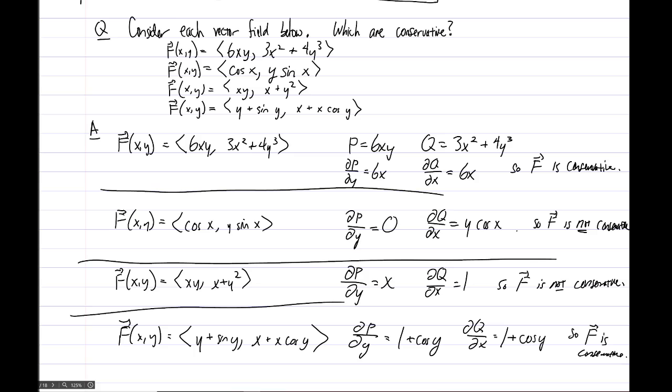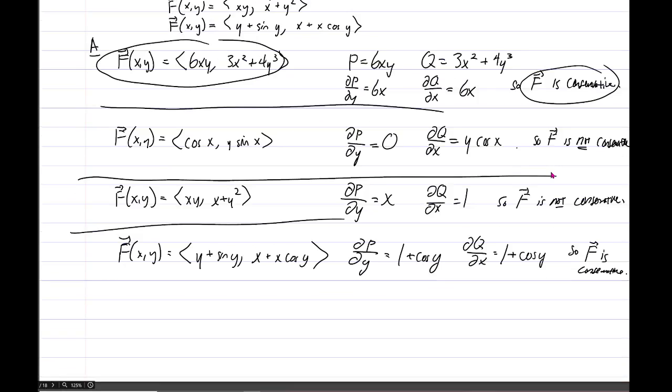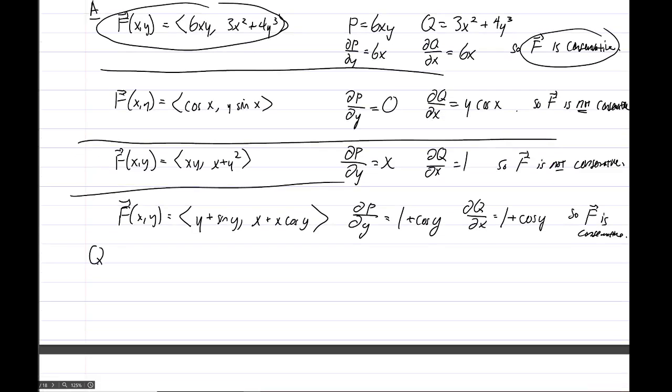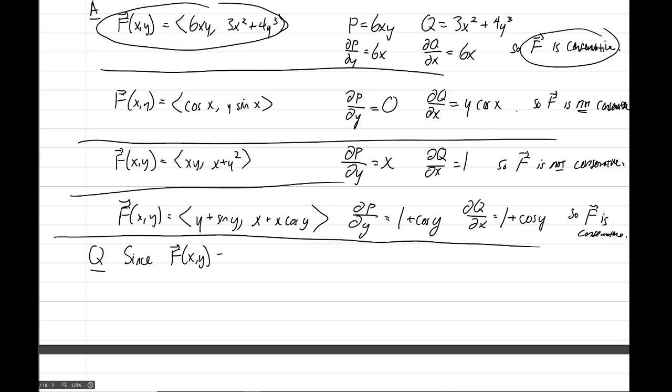Okay. Now, since this first vector field here we have seen is conservative, let's do the following follow-up. So, question: since the vector field capital F equals 6xy comma 3x squared plus 4y cubed is conservative, we have a conservative vector field.